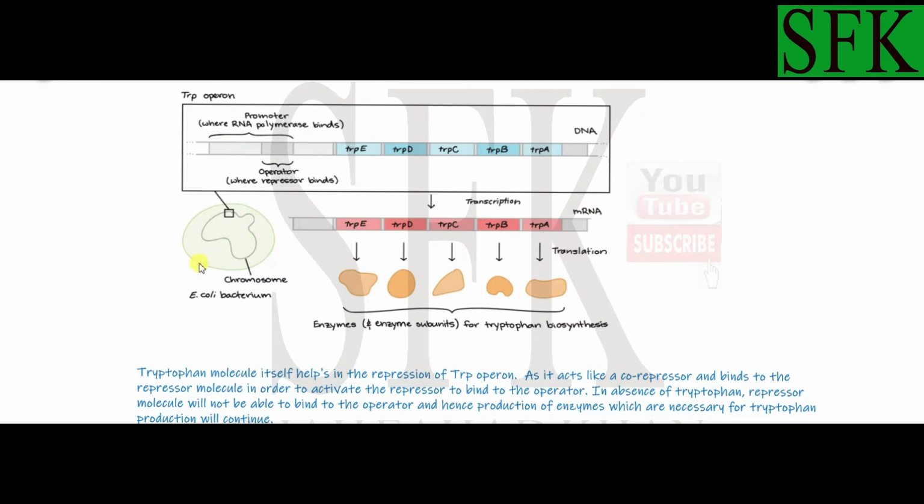Once the operator is empty and the promoter region is free, the RNA polymerase can come and bind, and it will initiate the transcription of these structural genes. The names of these genes are trpE, trpD, trpC, trpB, and trpA. After these enzymes are formed, through several steps they will synthesize the tryptophan amino acid.